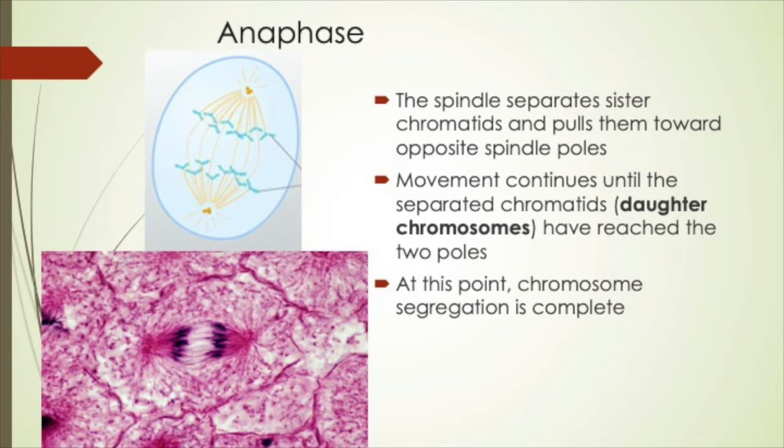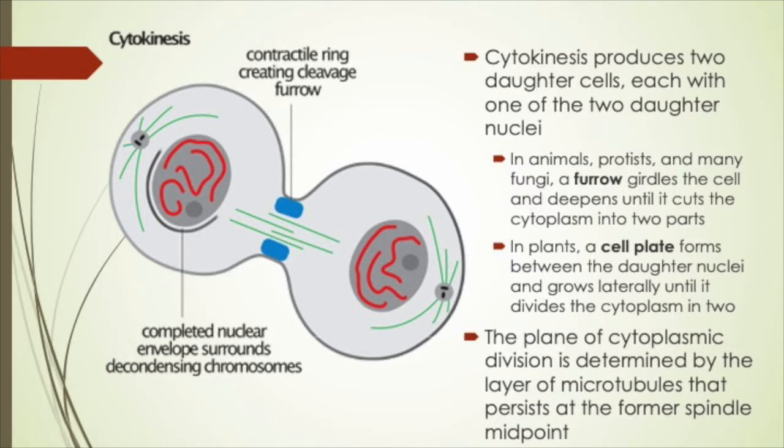There is a picture on here that you should be able to identify the phase of mitosis from. So make sure that you know what you're looking at when you see the pictures. In telophase, the division of cytoplasm occurs. What is the division of cytoplasm called? That's called cytokinesis. All right. Y'all should know most of the rest of that.